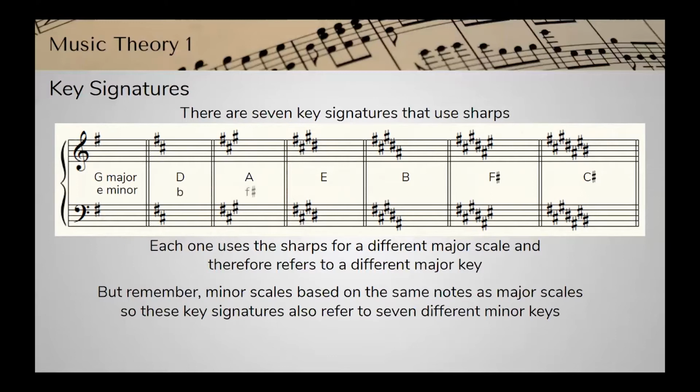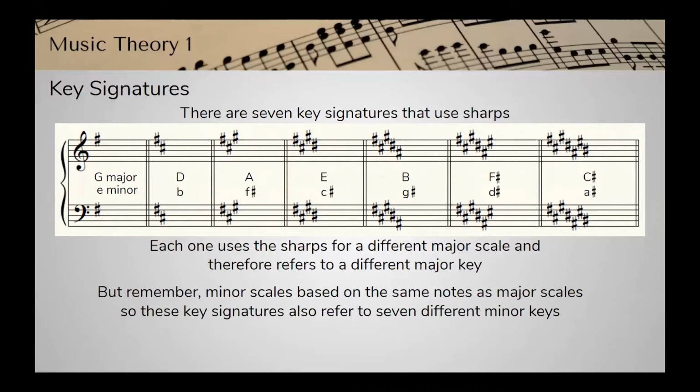So that scale over there on the left is also E minor, 2 sharps is also B minor, 3 sharps is F sharp minor, 4 sharps is C sharp minor, 5 sharps is G sharp minor, 6 sharps is D sharp minor, and finally that one with 7 sharps is A sharp minor.